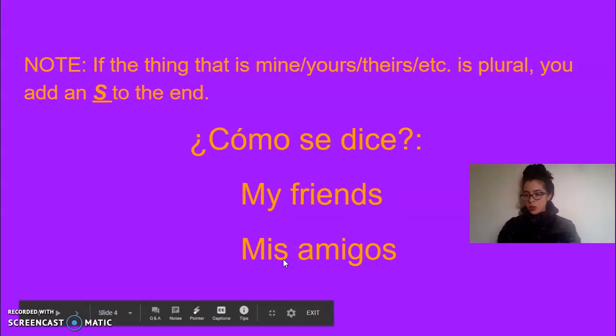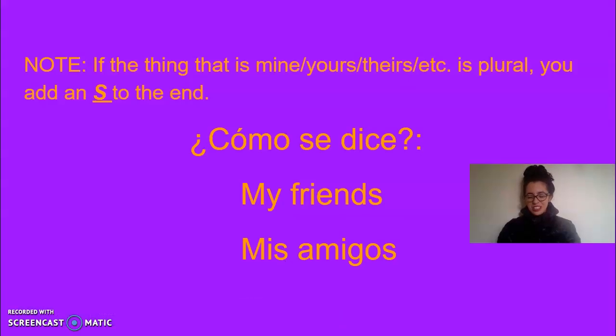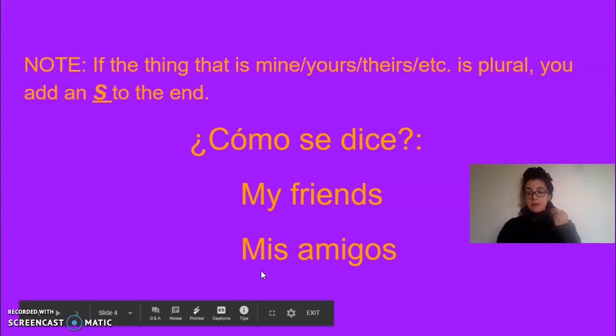And I know that we don't do that in English, and English speakers, when we start out learning, we don't like these rules very much because it seems like an extra step. It might be a little confusing. If you're confused, if that seems like a lot to remember, I felt the same way when I started. Okay, don't get stressed out. You'll pick it up eventually. And again, listen to how it sounds. Mis amigos.